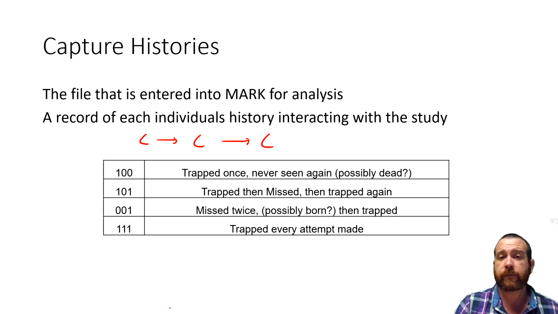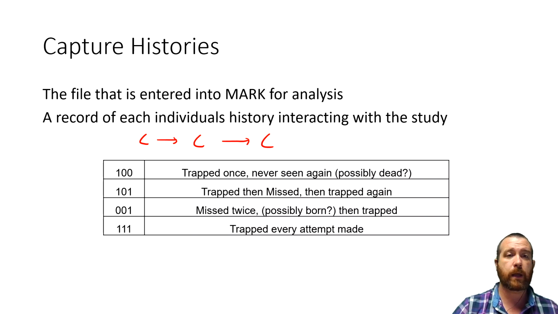Alternatively, if we have an animal that we didn't see the first two times that we went out, and then we saw it that third time, maybe it was there and we could have caught it those first two times, and we just happened not to, right? Random chance. Or maybe this is an animal that just got born. Maybe this is an animal that just immigrated to the area, and then we trapped it on that third time, right?